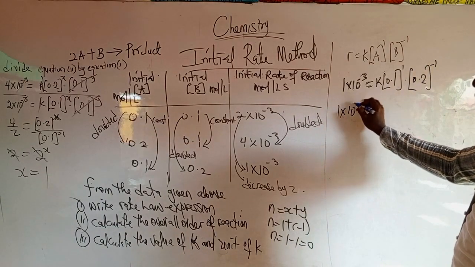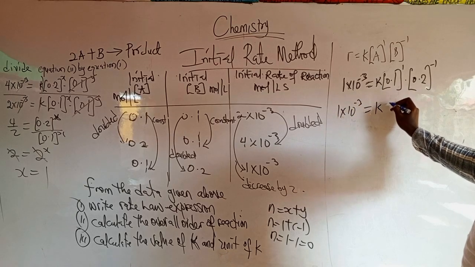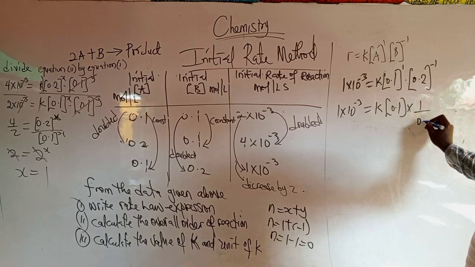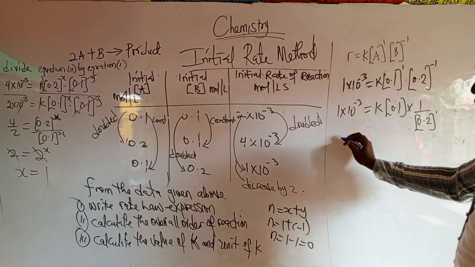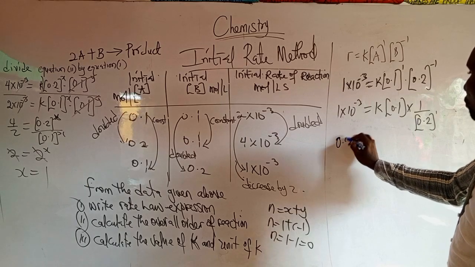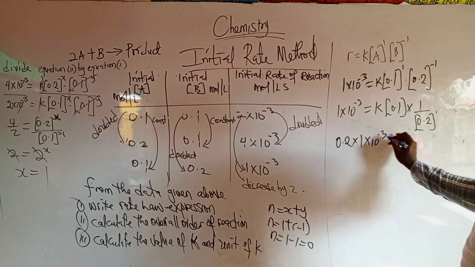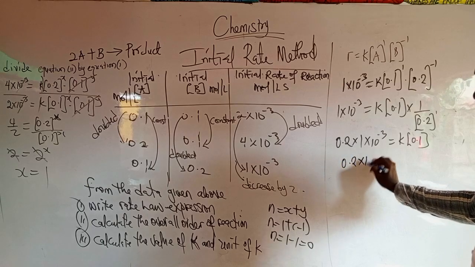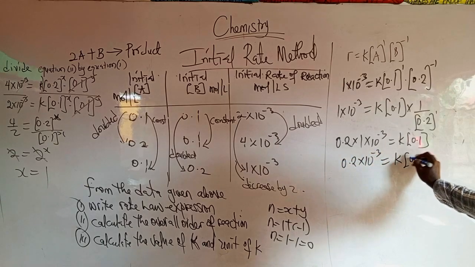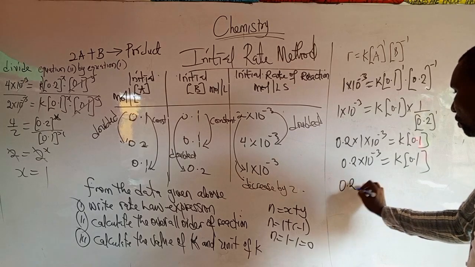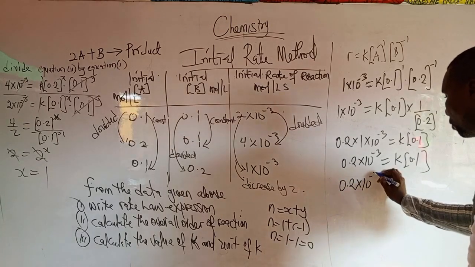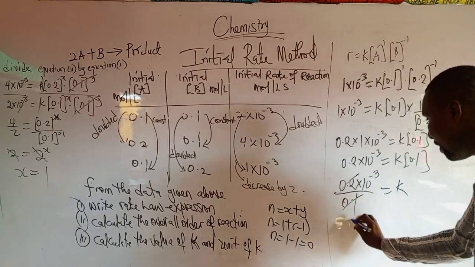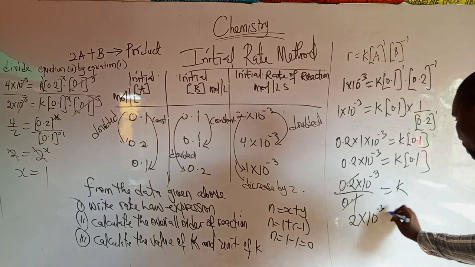So 1 times 10 raised to power minus 3 equals K into 0.1 times 1 over 0.2. Then I have 0.2 times 10 raised to power minus 3 equals K times 0.1, so 0.2 times 10 raised to power minus 3 over 0.1 equals K. That gives 2 times 10 raised to power minus 3 equals K.